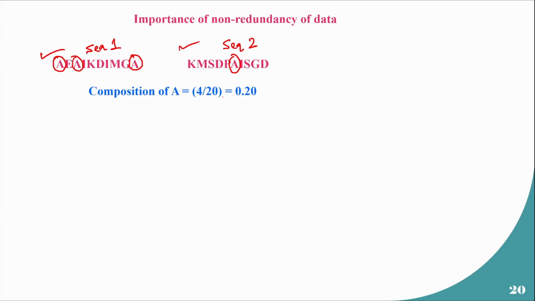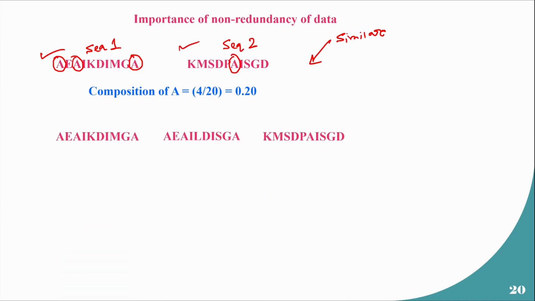Now, what happens if we introduce in this dataset another data point, another sequence that could be very similar to any one of the two sequences that are already present in the dataset? So let's try that one.